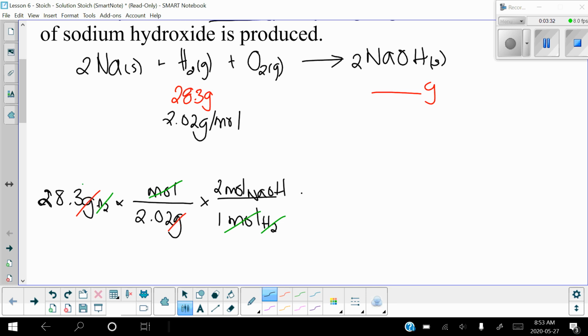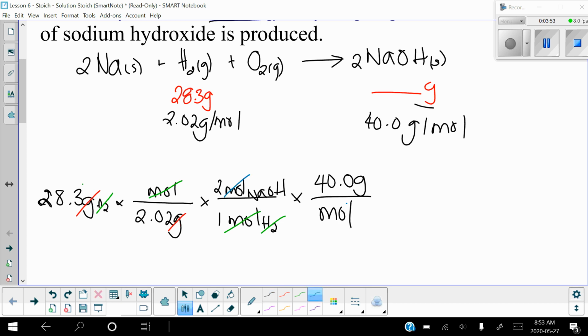From here, you're going to use molar mass because we're looking for grams. So the molar mass of sodium hydroxide is 40.0 grams per mole. So I'm going to multiply by 40 grams over moles. Moles cancels out with moles, and I'm left with grams of sodium hydroxide.